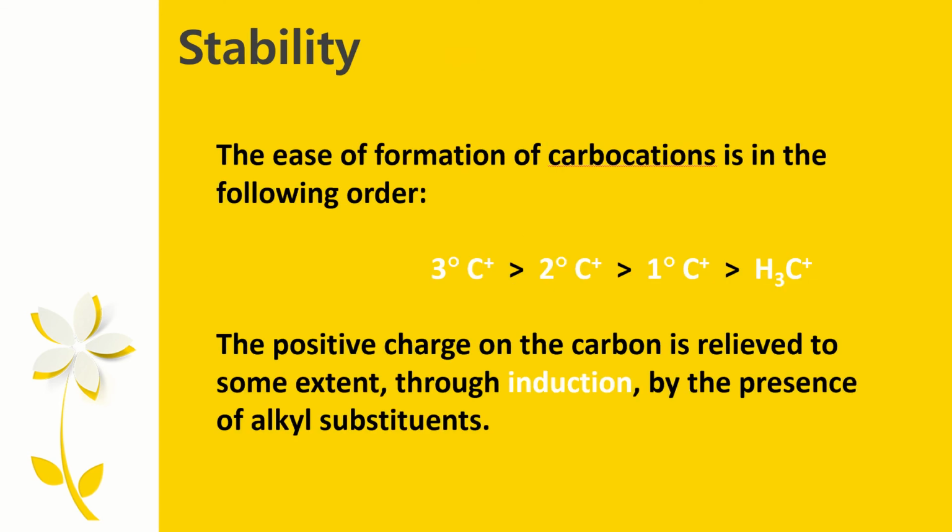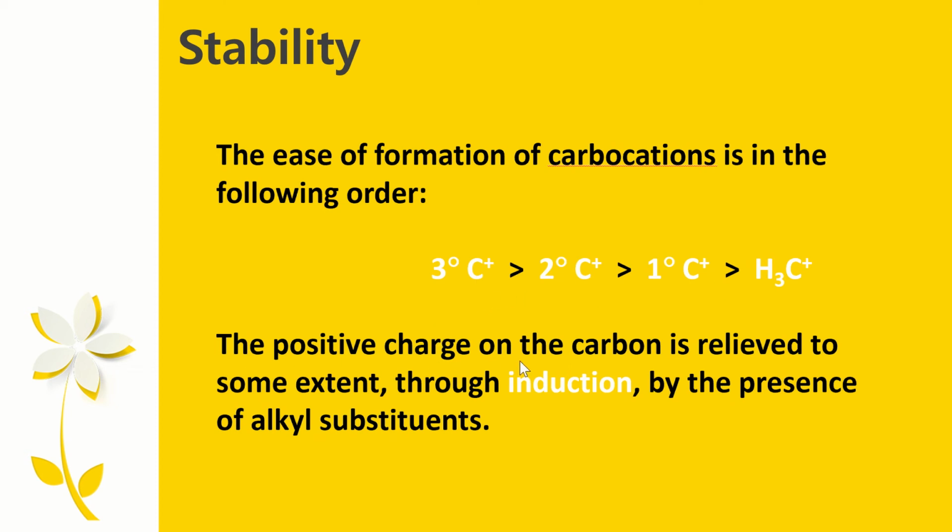So I'm sure this is just revision here, but just to ensure that we're all on the same page. For the stability of carbocation, well, the ease of formation of carbocation is in the following order. So of course, we know that our tertiary carbocations are the most stable of the group here.